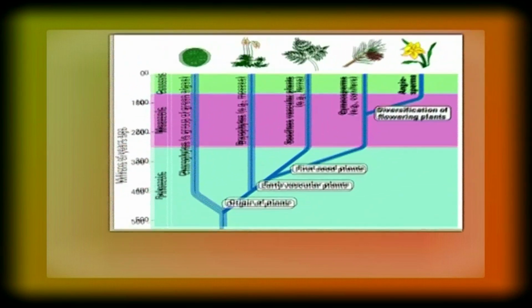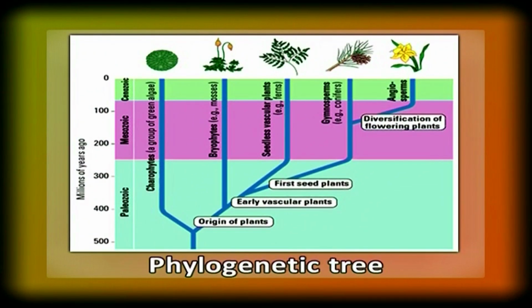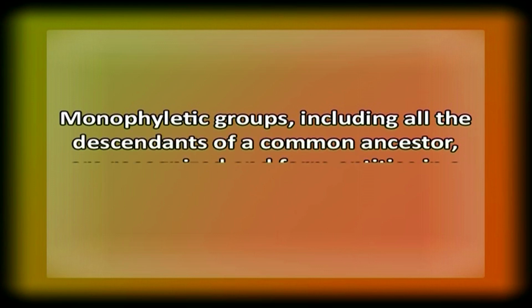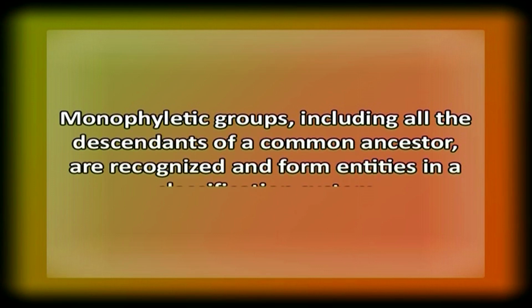This is distinct from a phylogenetic tree in which the vertical scale represents a geological time scale and all living organisms reach the top, with primitive ones near the center and advanced ones near the periphery. Monophyletic groups, including all descendants of a common ancestor, are recognized and form entities in a classification system.